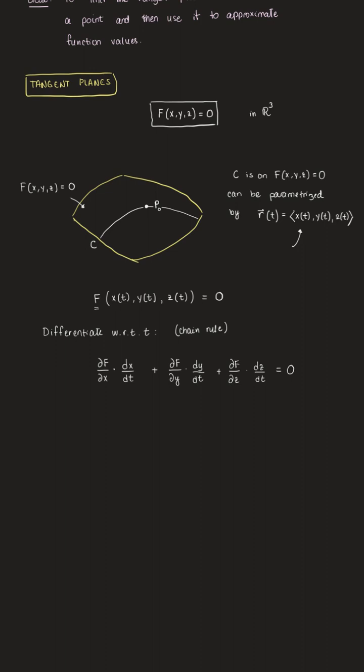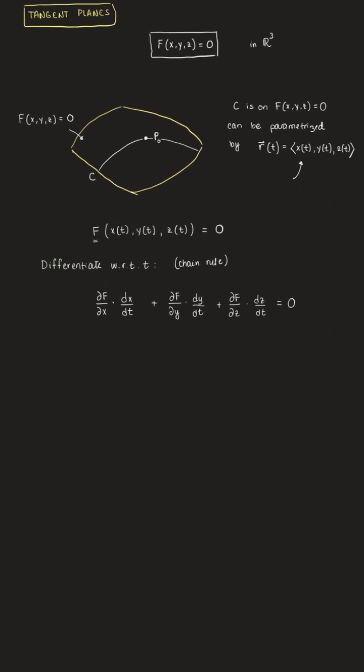Now, if you pay a little bit of attention to what we have here on the left, you might notice that we could write this as a dot product, right? Because we have products that are being added for each component.